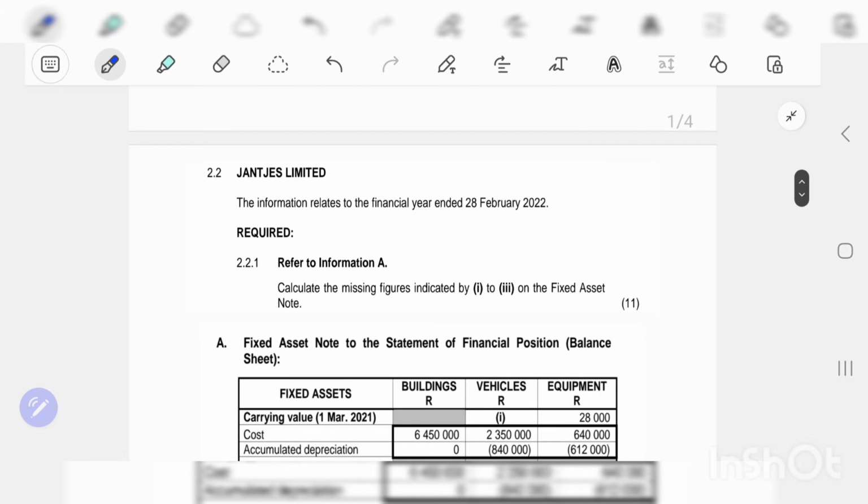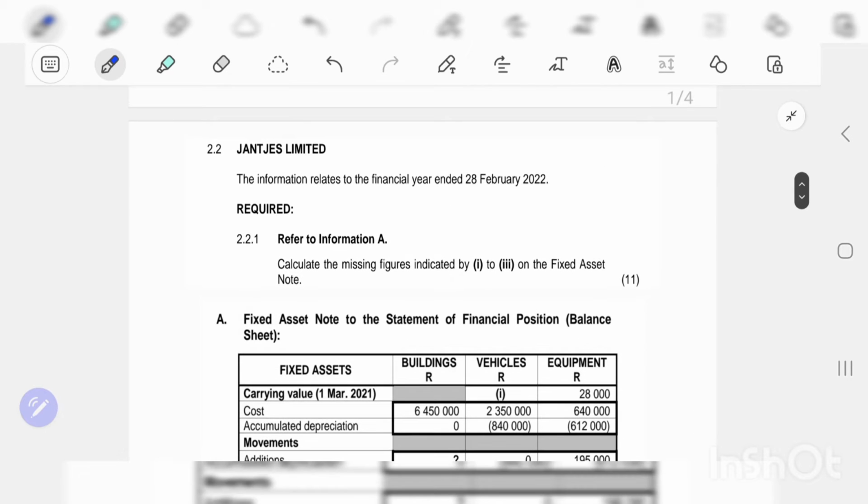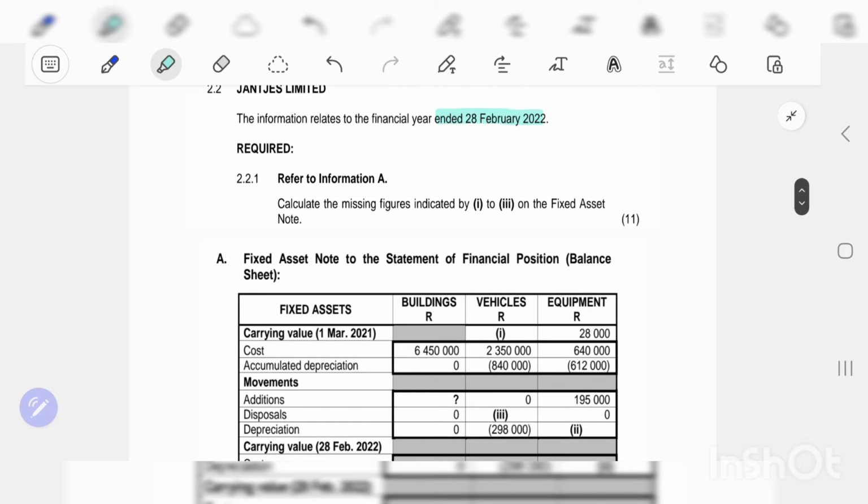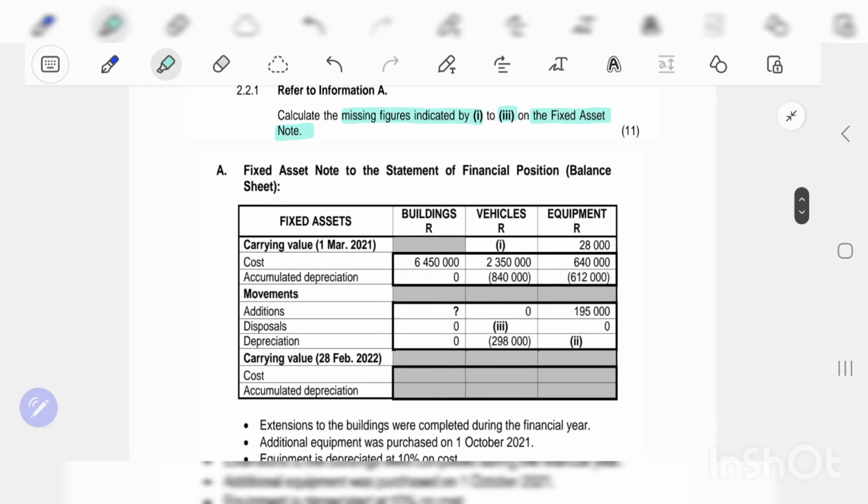You are given this information, and you are told that it relates to the financial year ended 28 February 2022. They are telling us that we should calculate the missing figures from Roman figure 1 to Roman figure 3 on the fixed asset note. Remember, the fixed asset note tells you about the changes or movements in the fixed assets of the business.